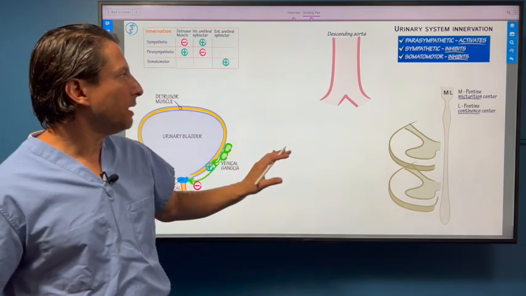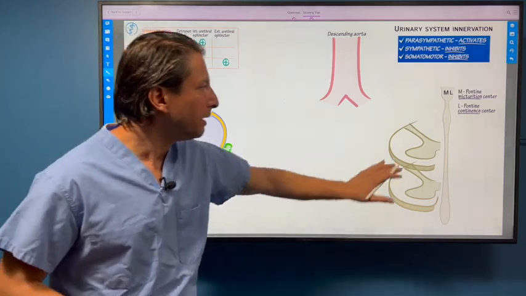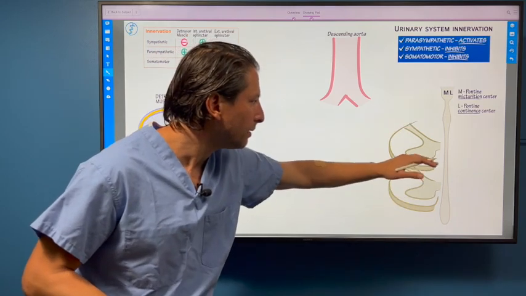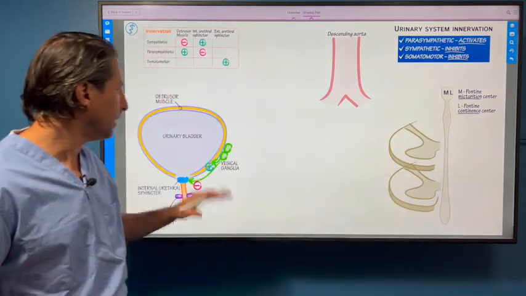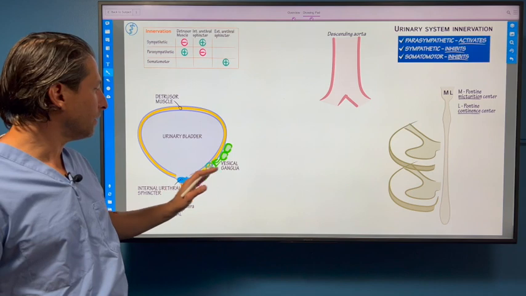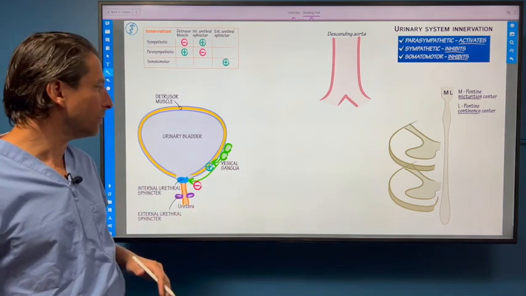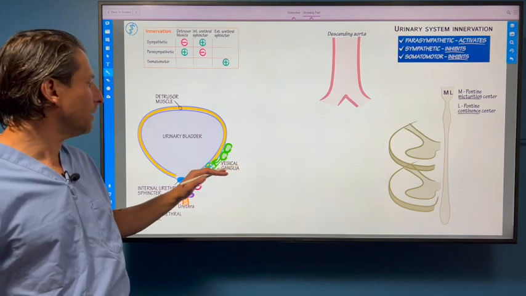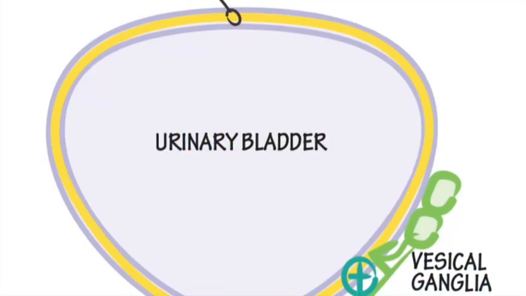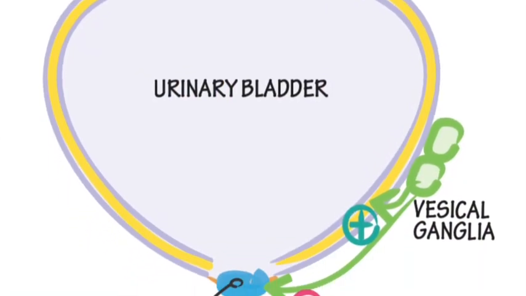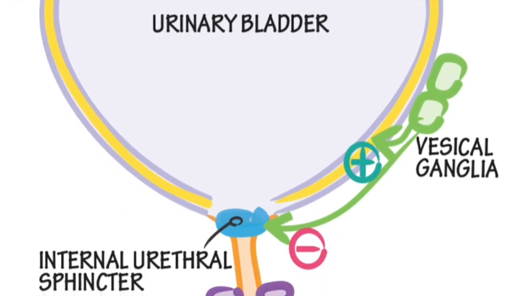Again, some key anatomy here, descending aorta, and then the neuroaxis here with two key spinal levels we pointed out. And then we have our bladder, vesical ganglia, and then our internal and external urethral sphincters. Note that the vesical ganglia causes activation of the detrusor muscle and inhibition of the internal urethral sphincter.